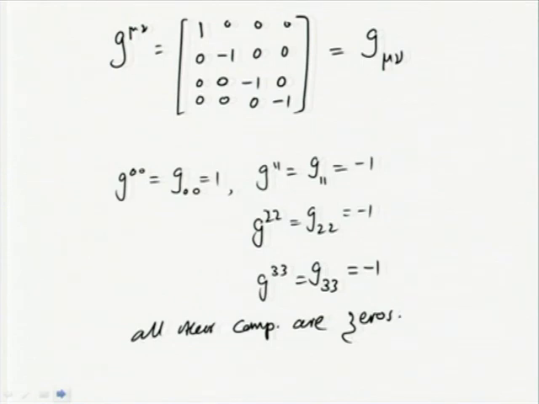Say for example, one case that we said earlier is that instead of changing the sign of the spatial coordinates when you go from contravariant to covariant, we could change the sign of the zeroth component, and that will still give you a relative sign between c square t square and x square plus y square plus z square, and that is what is important in special theory of relativity.